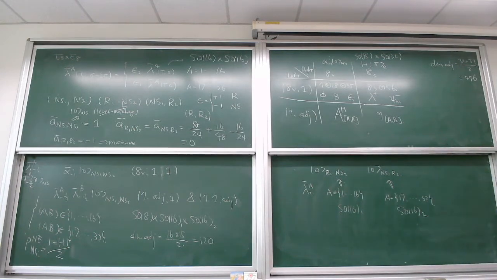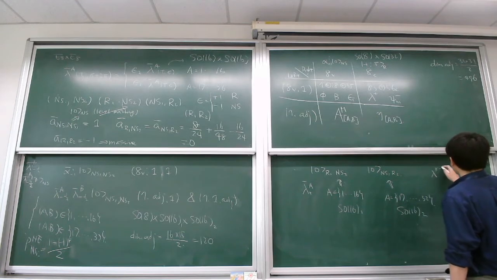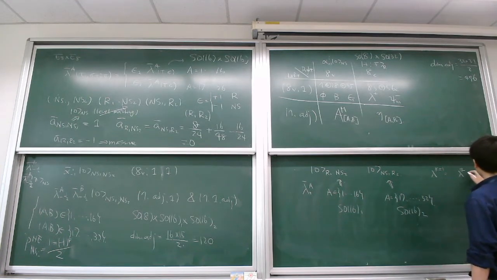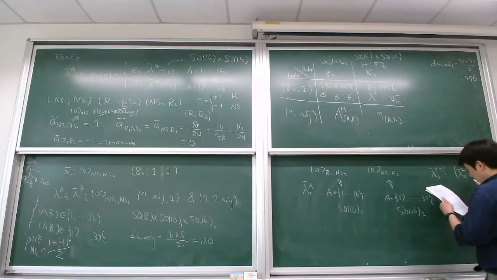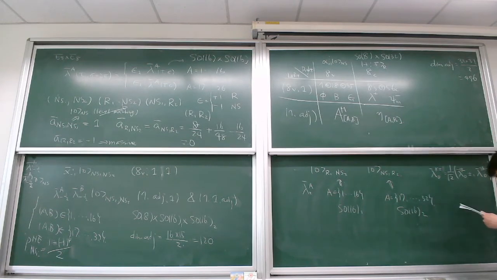Then you do a similar exercise with lambda 2k plus or minus i lambda bar 2k plus 1, and the zero modes, properly normalized with 1/2, where k runs from 1 to 8 for SO16 1, and k runs from 9 to 16 for SO16 2.